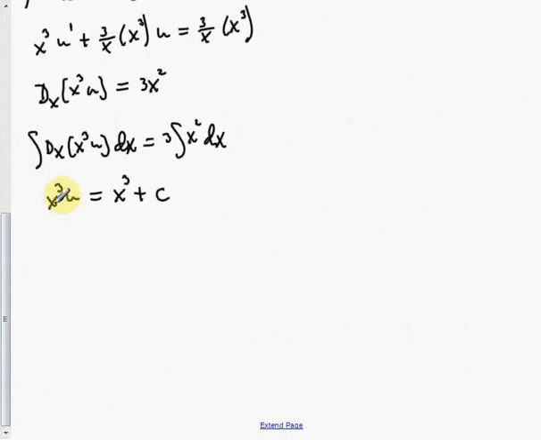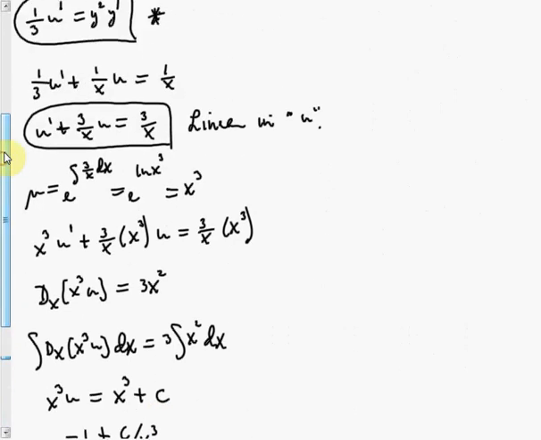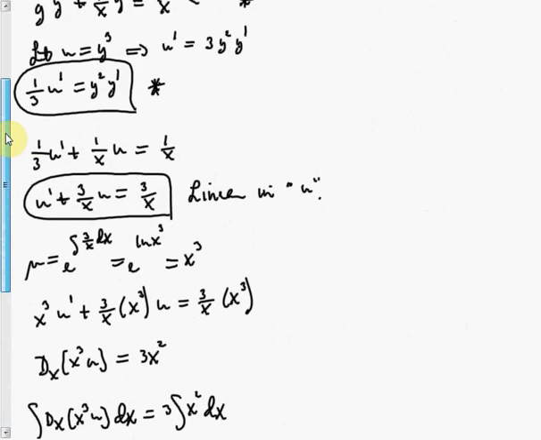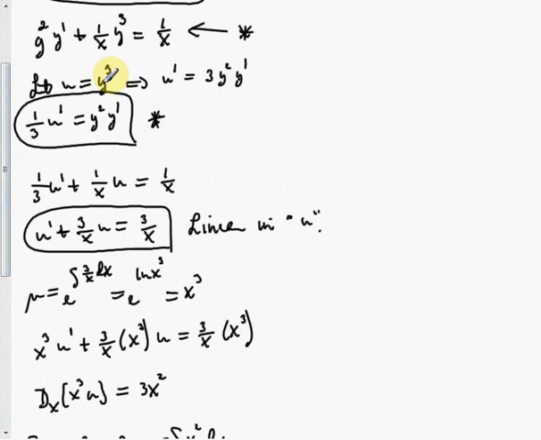So divide everything through by x cubed, so I get u is equal to 1 plus c over x to the third. Now that u, let's go back and see what it was. That u was y to the third, right there.